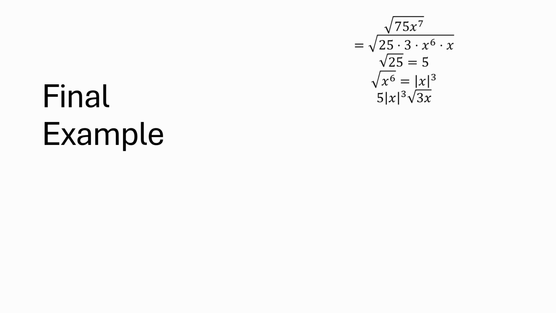The square root of x to the power of 6 is equal to x with the absolute value and 3 outside. We can finally see an example of an exponent being outside of the absolute value. So now our final answer would be 5 times absolute value of x to the power of 3. And then this 3x right here, which equals a 3 right here and x right here, they're both remainders. They don't simplify any further, so they go over here.